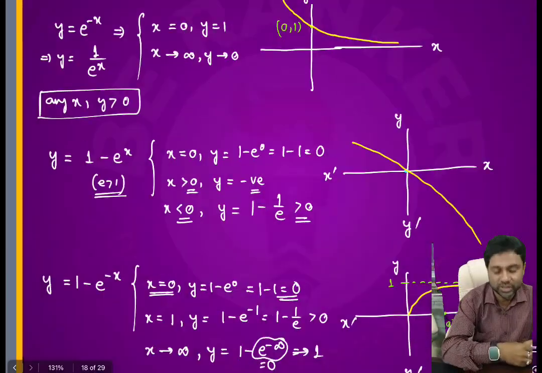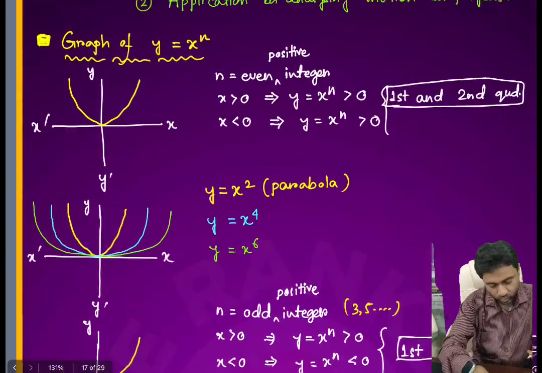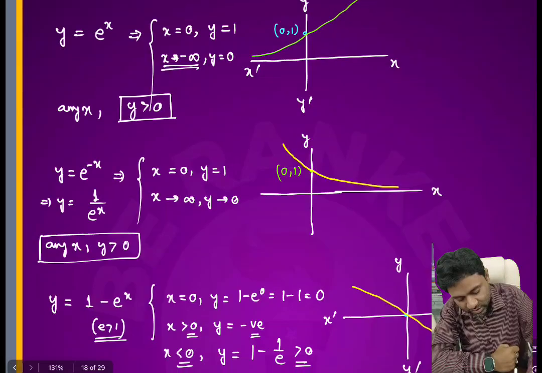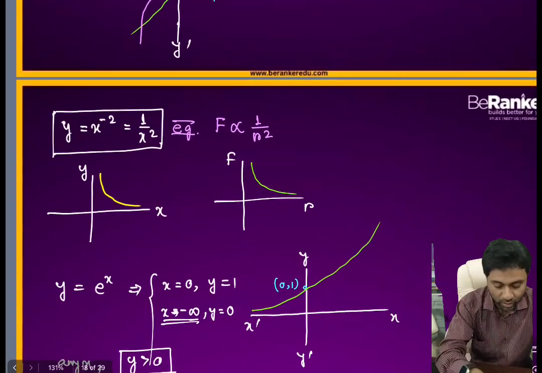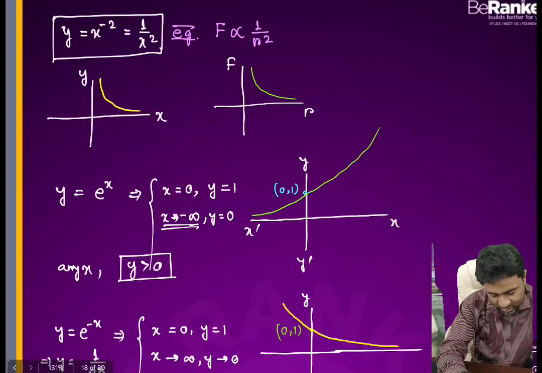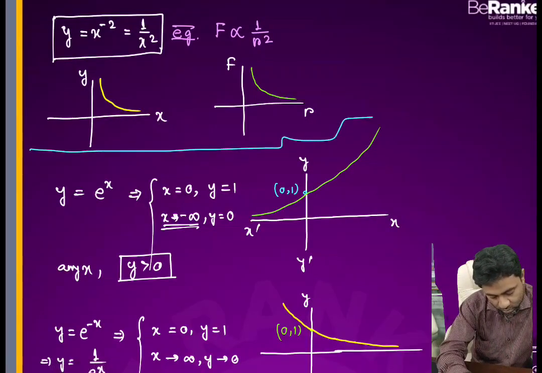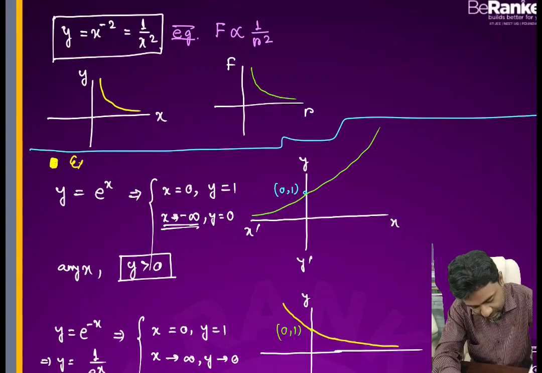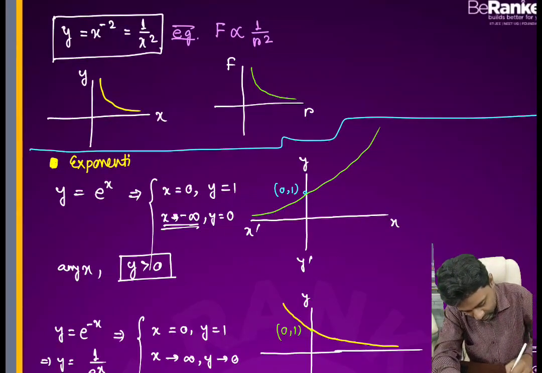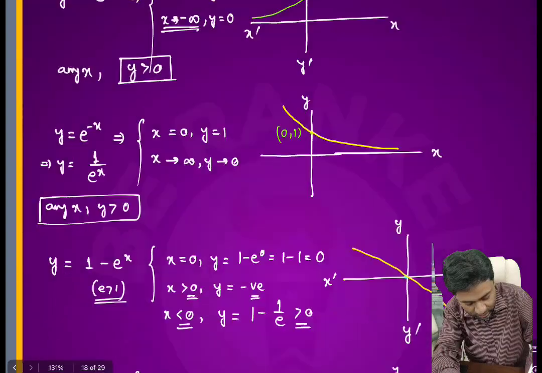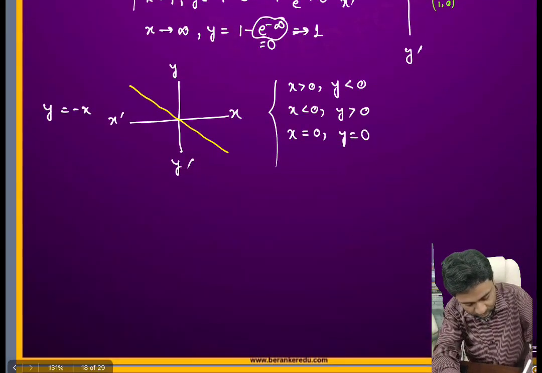The graph bears all these properties. So these are the basic shapes of the graph of y equal to x to the power n. Although in this part we have discussed the shape of y equal to e to the power something, so you can say this portion is the discussion for exponential graphs.